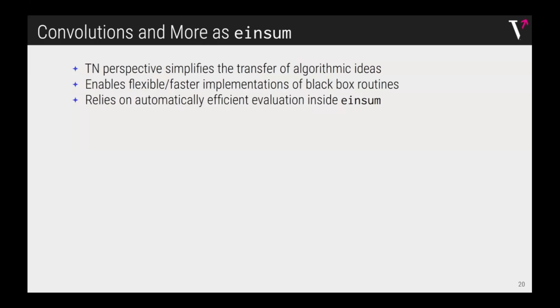So if you have any ideas, like randomized automatic differentiation, try them out. This approach will allow you to do that very easily, and then you don't have to worry about anything. Einsum will automatically figure out the best way to do the tensor contraction for you.